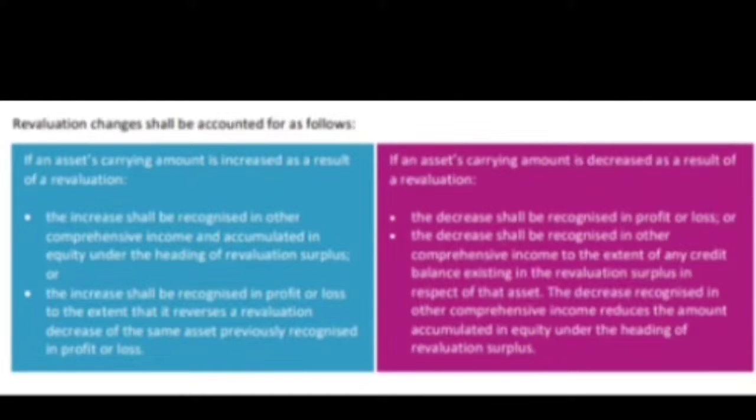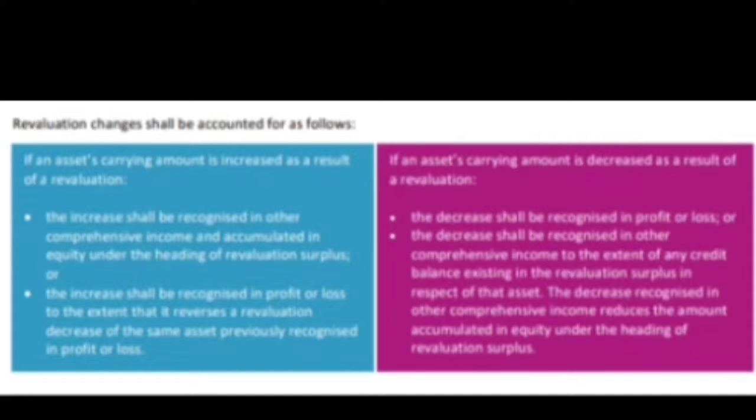Now the important points to notice: how to record the revaluation. If the revaluation is increased above the cost of the asset, you can record it in other comprehensive income as a revaluation surplus, or you can reverse the previously written down value of the revaluation.